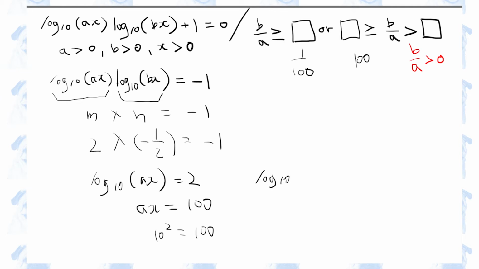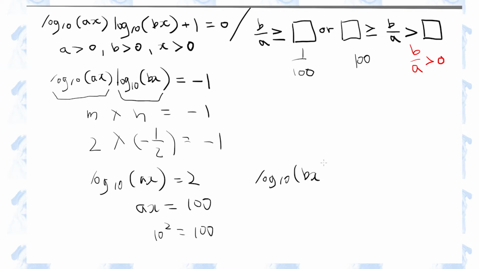When log base 10 of bx is negative 1 over 2, bx must be root 1 over 10, because 10 to the power of minus 1/2 is root 1 over 10.